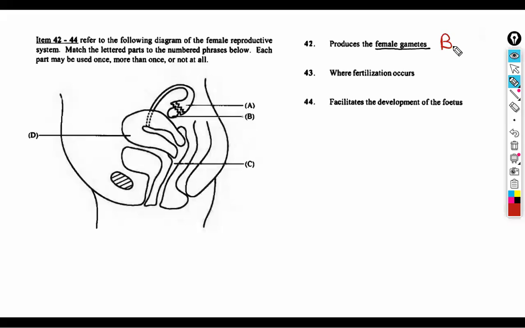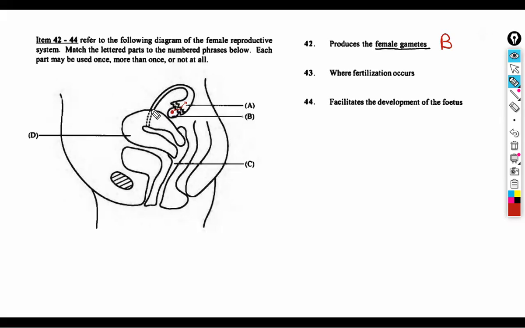For number 43, where fertilization occurs. Now, I'm using a little red dot for the eggs here, right? When the eggs are made here, they will be released into the tubes, right? Now, what's going to happen?